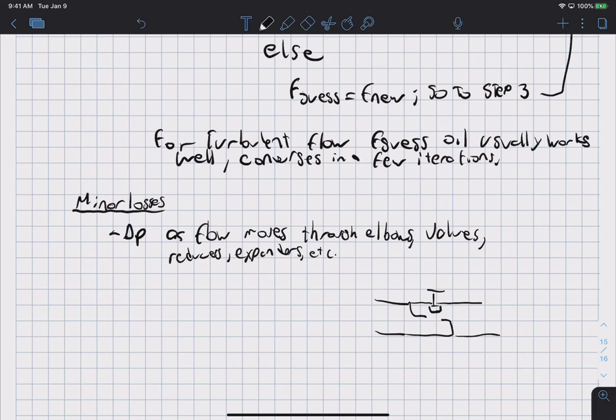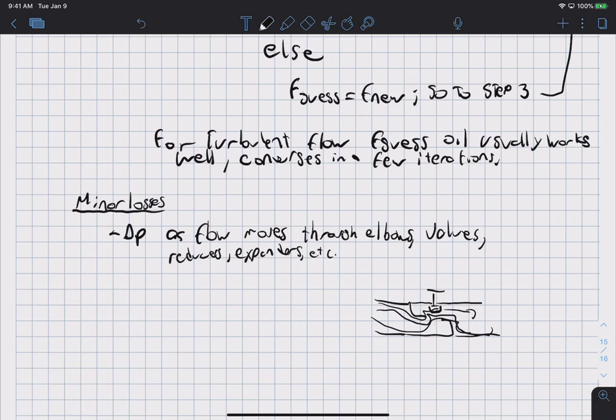And so the streamlines, as it goes through this valve, even if it's wide open, they have to go down, around, through here, turn, and then go around back down, and all sorts of stuff. So in these valves, the flow is very, very complicated. There's a lot of viscous effects as the flow goes over and around all the obstacles, around the valve stopper itself. And so there is a significant pressure drop from the start of the valve to the end of the valve, even if it's fully wide open.